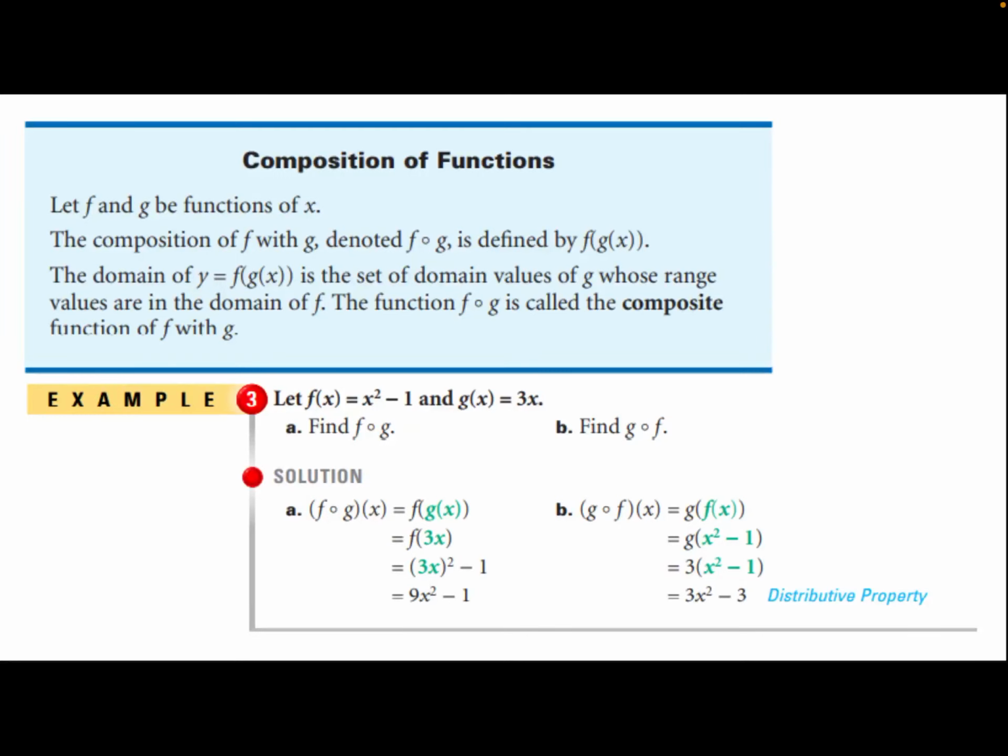And similarly for B, you would plug the whole function f into g to get g of x squared minus 1. And you would multiply 3 times x squared minus 1 and distribute to get 3x squared minus 3. Thank you.